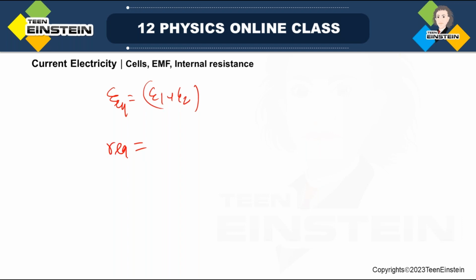And the equivalent resistance will be, so this is, I'm sorry, not this one. R equivalent is equal to R1 plus R2, the summation of the internal resistances.